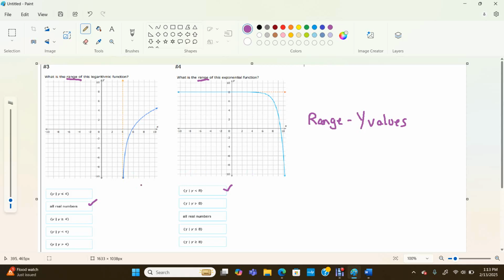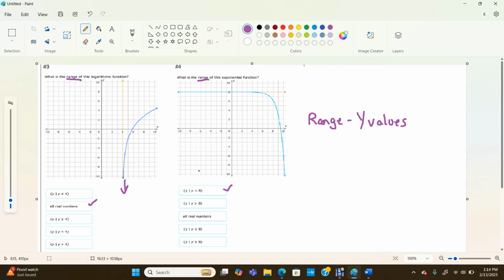In this example, number 3, they're asking you for the range, and they're giving us a graph. So we're looking for the y values. This graph is going down towards negative infinity, and it's going to continue up towards positive infinity. So that's going to be all real numbers right here.